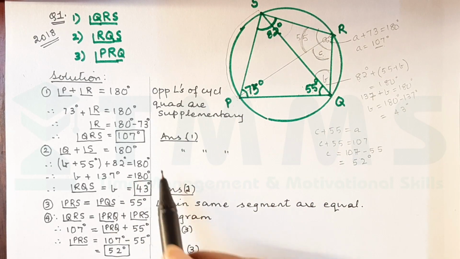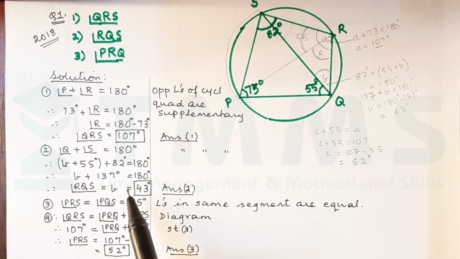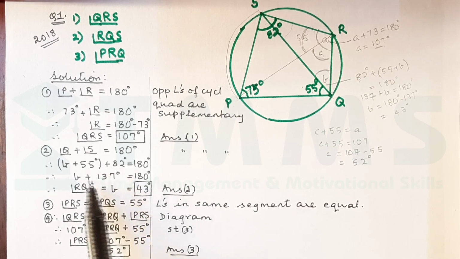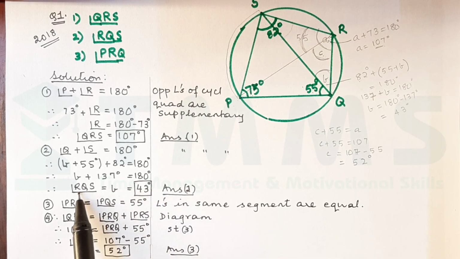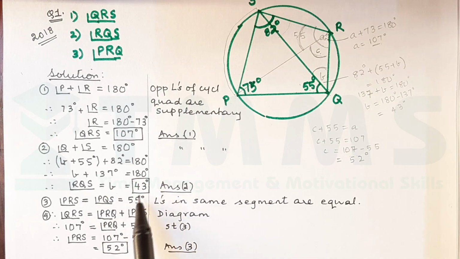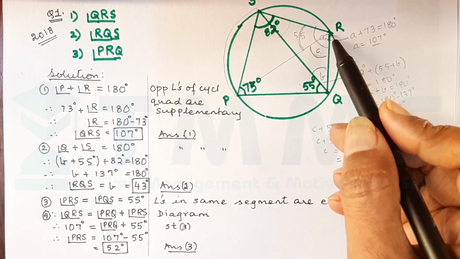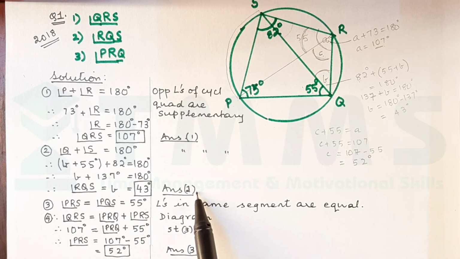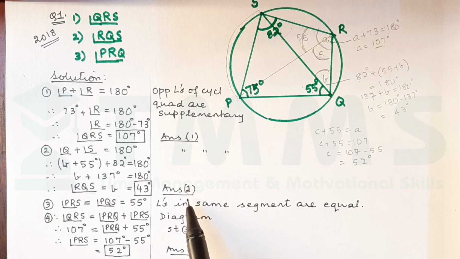That is, remember, the first and foremost tip for this. So that is 180 degrees, and you add these two: 5 and 2, 7, 8 and 5, 13, 137 equal to 180 degrees. So angle B is equal to 180 minus 137, which is 43. But angle B is RQS. So we write angle RQS, and that is our answer 2.